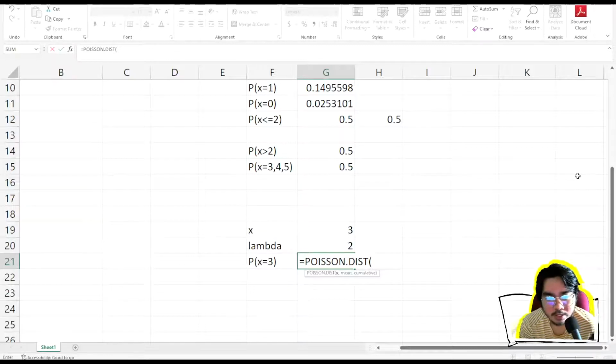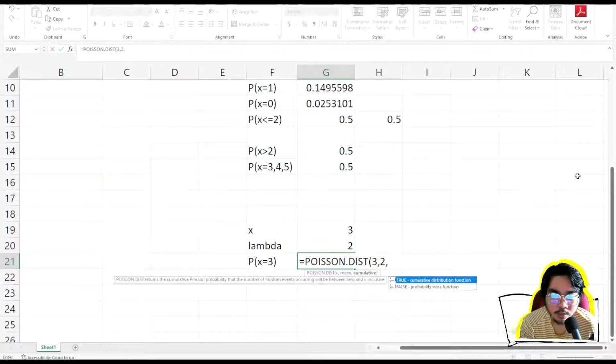So x here is again yung probability that x equals something. So ito yung observed na gusto natin. Tapos kung ano yung mean is yung lambda, no? Kung ano yung common na nakikita or kung ano yung established na statistical value based on independent trials. So in this case, dalawa daw.